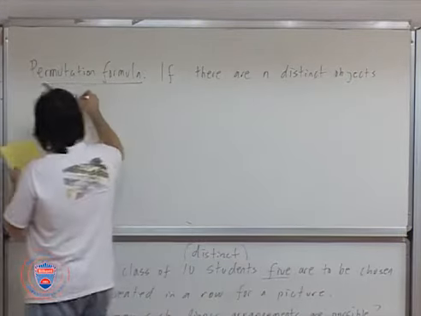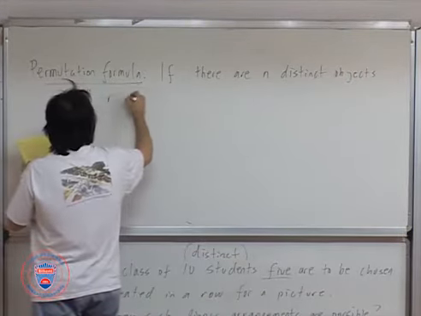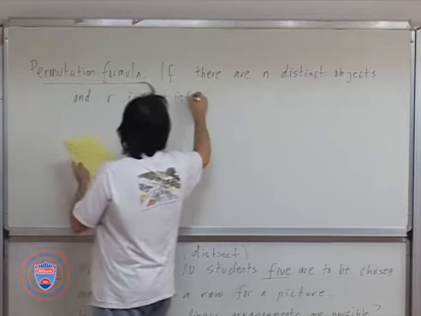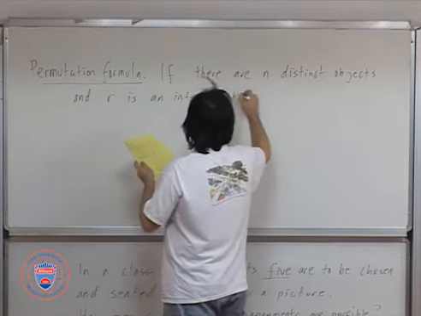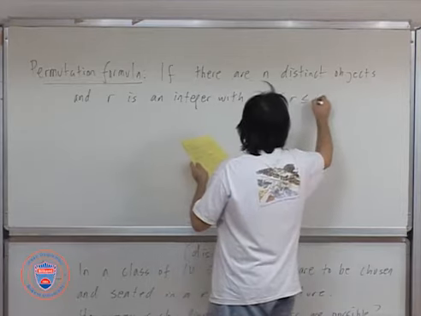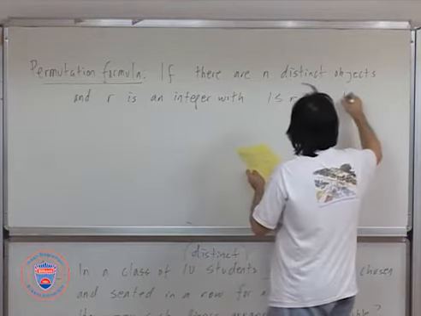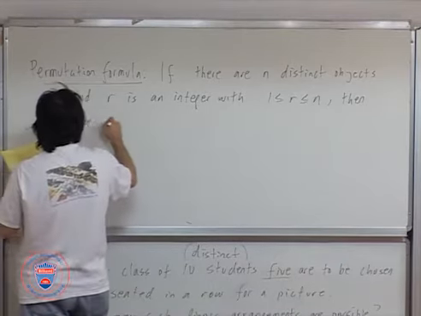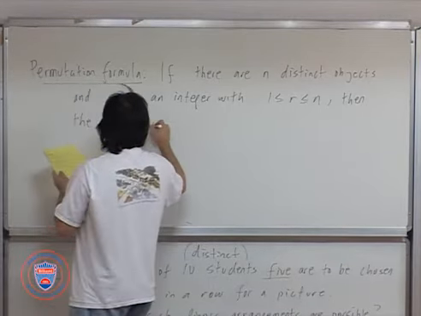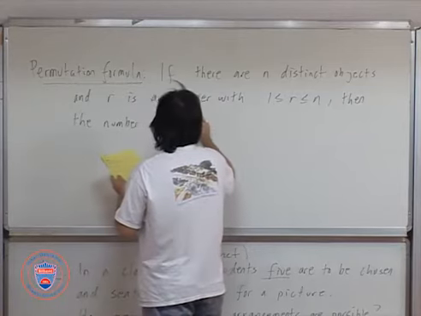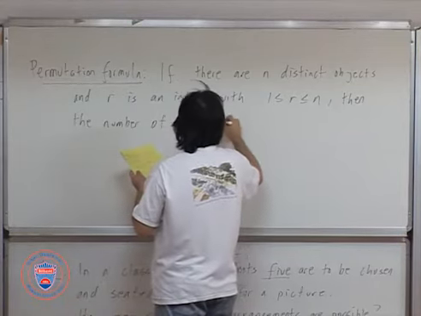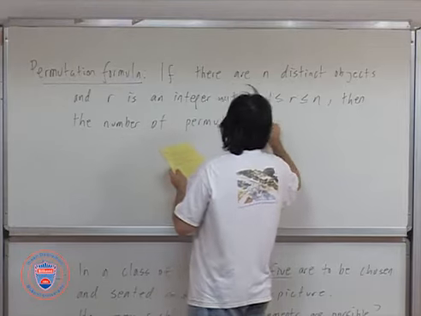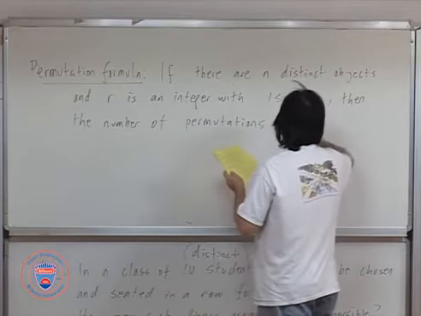and r is an integer somewhere in between, then the number of permutations, permutations means linear orders, different linear orders.